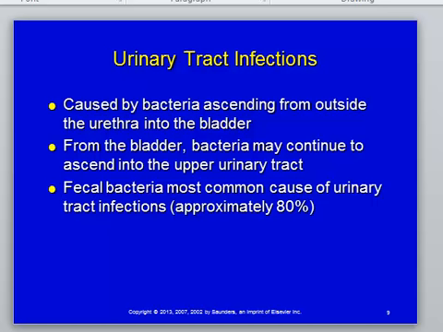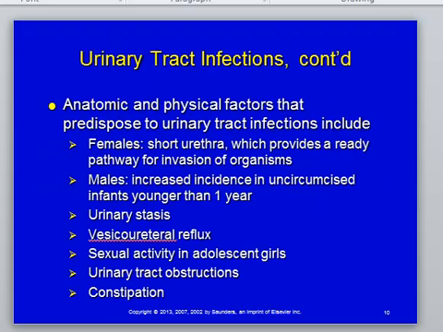And from the bladder, bacteria may continue to ascend into the upper urinary tract. Usually fecal bacteria is the most common cause of UTIs, probably approximately 80%.